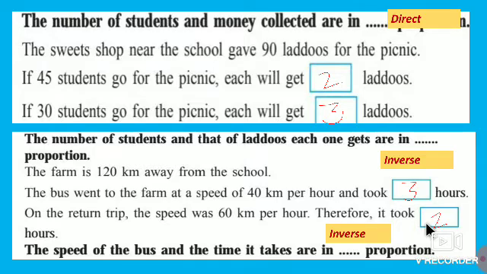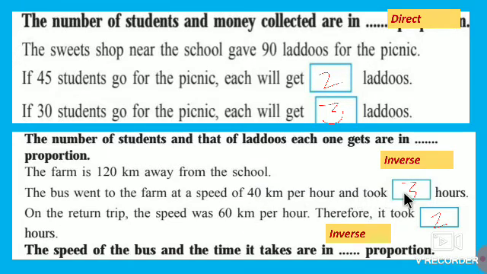So for the identification of direct or inverse proportion, we have to see whether the first quantity is increased or decreased, and relatively whether the second quantity increases or decreases. First is the speed, 40 km and 60 km. So here 40 to 60, it means it increases.